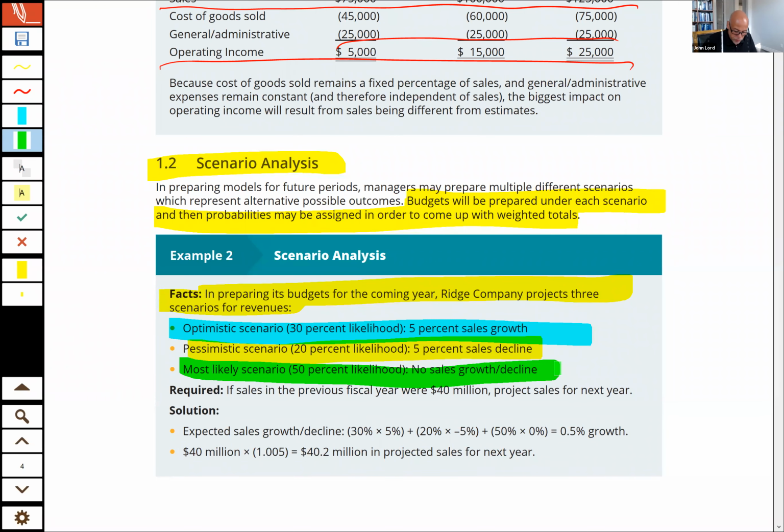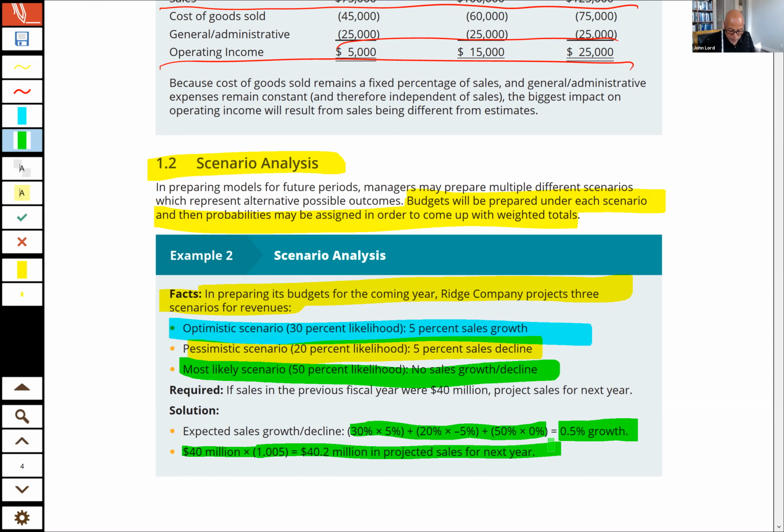Okay, so what we do is we take the sum of those probabilities: 50% of zero growth, 20% of a negative 5%, 30% of a positive 5%, and then the expected value of the growth is 0.5%. If our current sales were 40 million, multiply that times 1.005, because we're maintaining the 1%, and we're going to have this 0.5% growth.